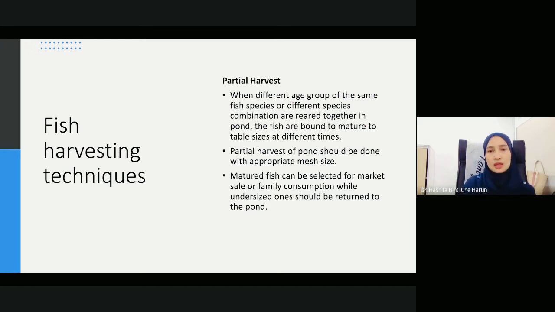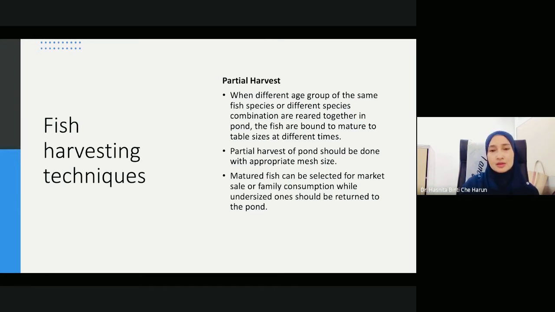So you need to adopt partial harvesting, but you need to use an appropriate mesh size so that you could select and collect only fish at the right size. Matured fish can be selected for market sale or for family consumption.